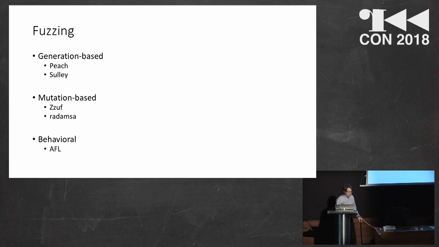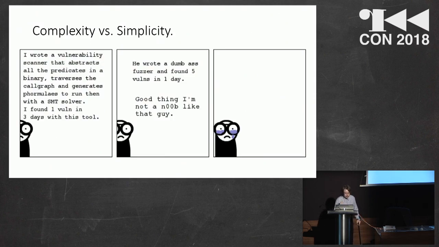And why do we need another fuzzer, except that everyone should write one? So it's all about complexity versus simplicity, because I really love this comic, and this is true. Because what usually happens, if you spend more than one week writing a fuzzer, it usually fails. That happens to me most of the time.